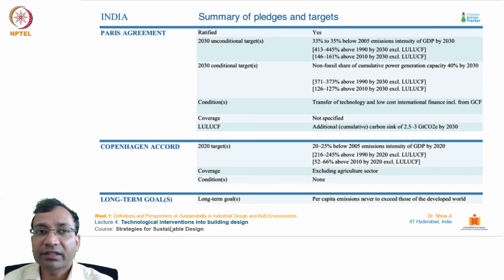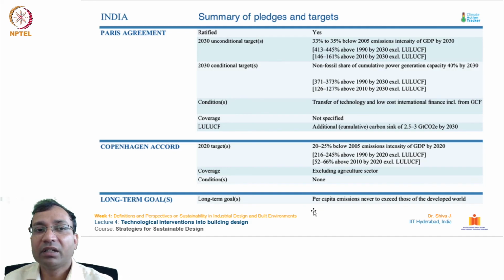Maybe you should take a screenshot of this slide and keep it with you for your reference, so that you can understand what specific steps are taken by our own country in this regard. So the Paris Agreement, yes, India has ratified it. And the Copenhagen Accord targets of 2020: 20 to 25% below the 2005 emissions intensity of GDP by 2020. This is the target taken by it.